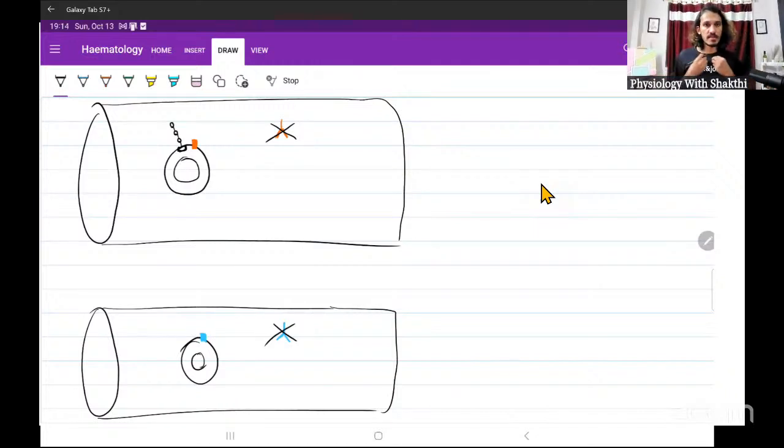If this RBC with this particular characteristic has been in the person's body since childhood, from birth, before birth actually, this is something which innately we know is our own self. And we have learned not to create any sort of immune reaction against our own antigen.